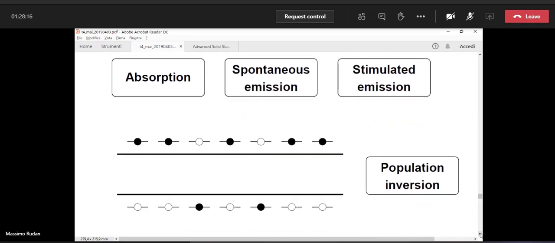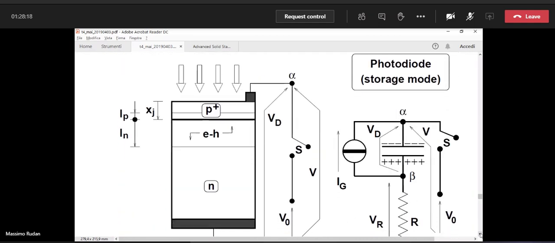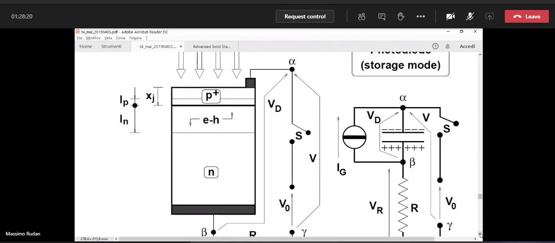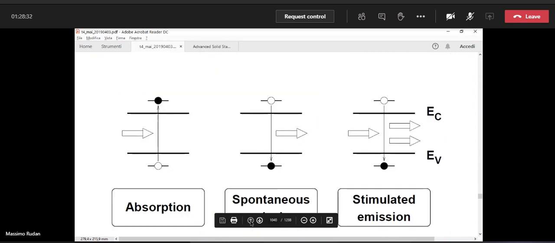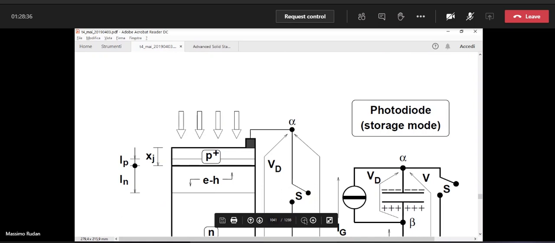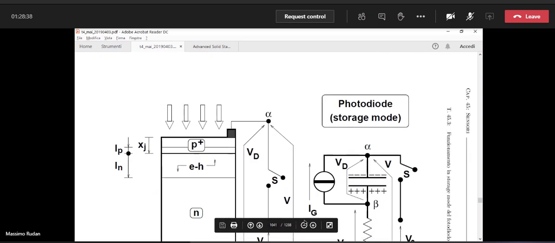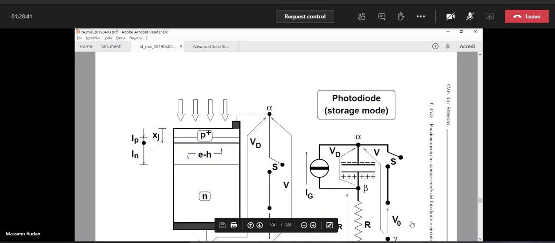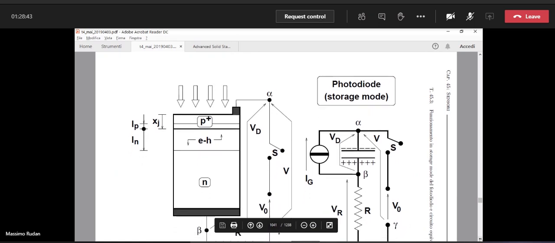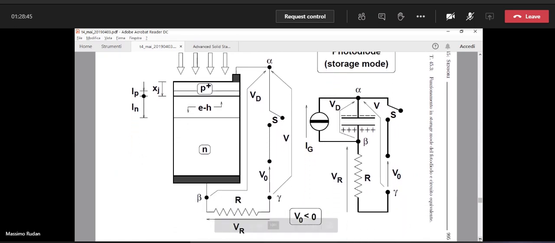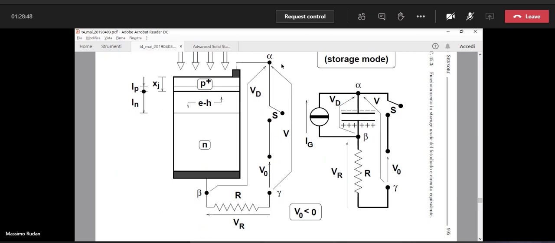We can improve the situation by considering a photodiode. A photodiode is simply a PN junction, like the one that is shown on the left.